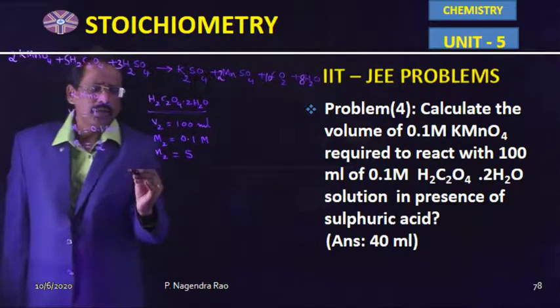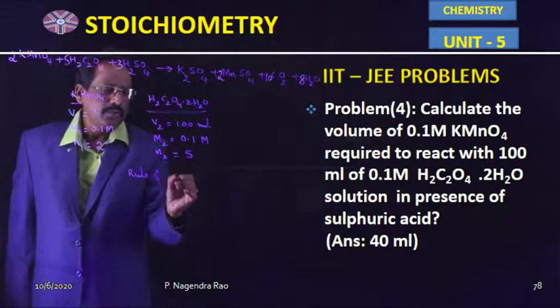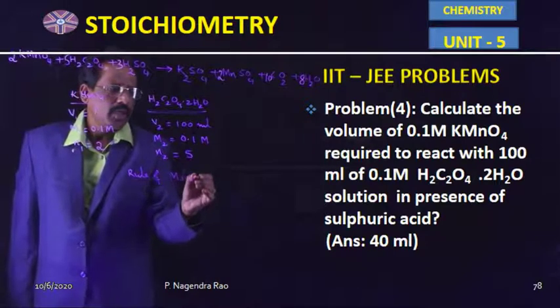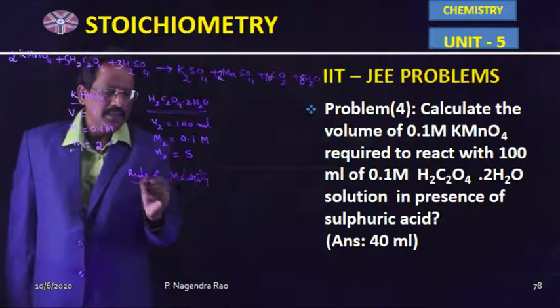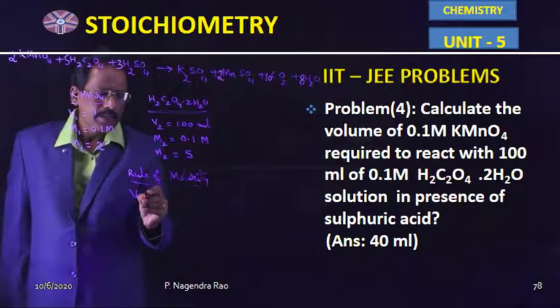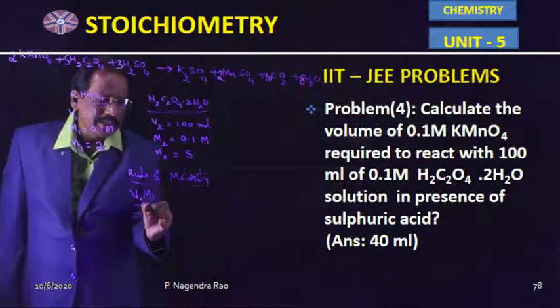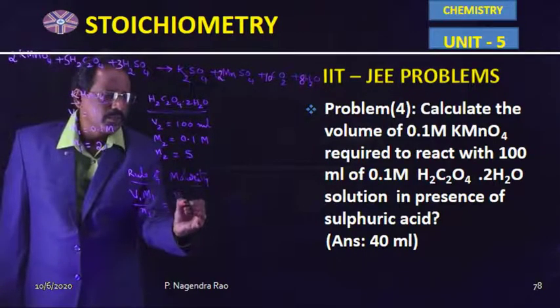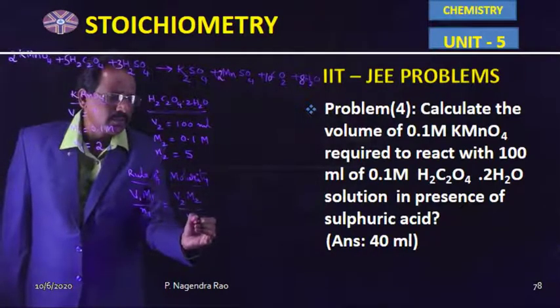It is already known to you. According to the rule of molarity, the formula is V1 M1 by N1 is equal to V2 M2 by N2.